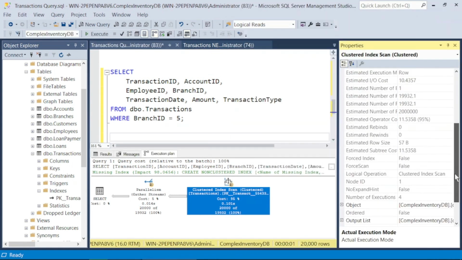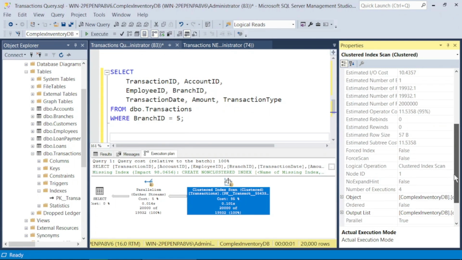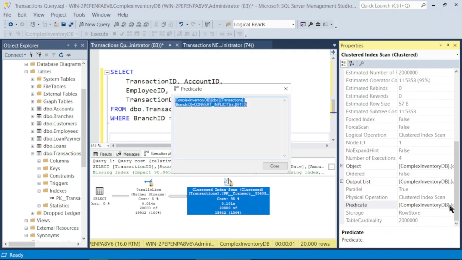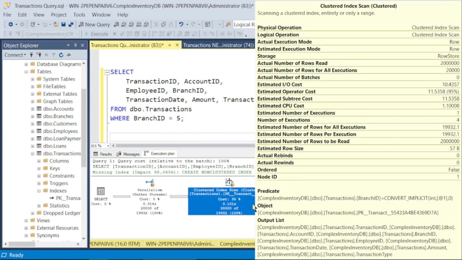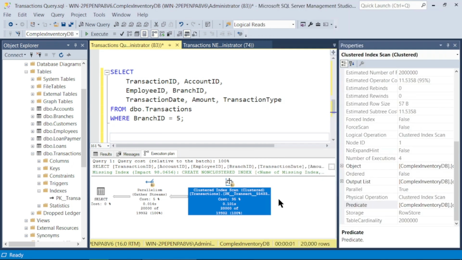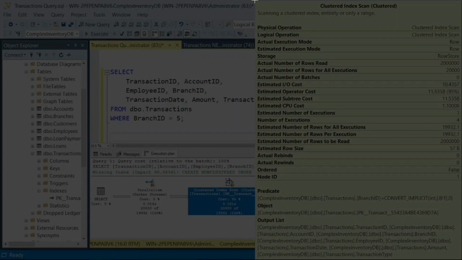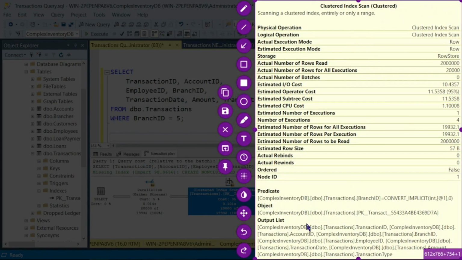Factor number 2, predicate. Next, let's open the properties window and look for the predicate. Here we can see branch ID is 5. Predicate tells SQL Server exactly which rows we are looking for. Now ask yourself one simple question. Does branch ID have an index?